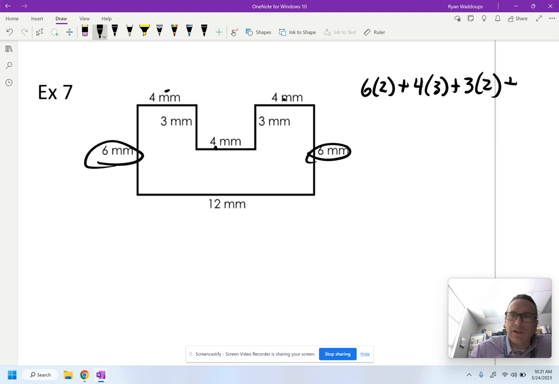And then I have 12 plus 12. And so it's the same thing. 6 times 2 is the same as 6 plus 6. I'm just writing it in a little smaller way.